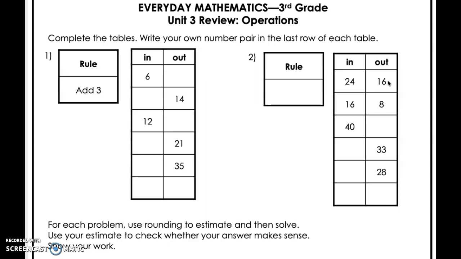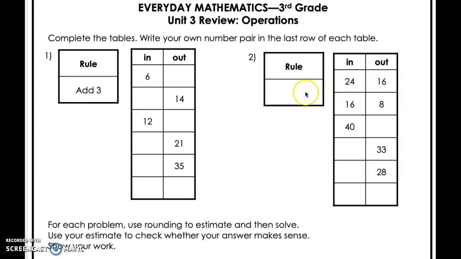So let's see, what's 24 minus what is 16? Let's think about that. Because the fact family for subtraction is addition, I'm going to go up from 16: 17, 18, 19, 20, 21, 22, 23, 24. It goes up by 8.